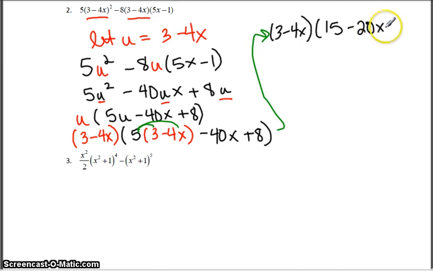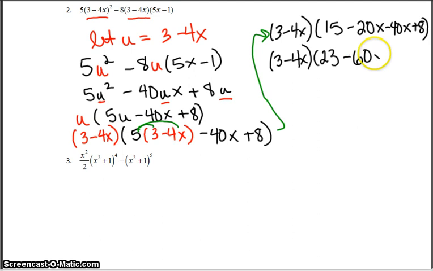We still have minus 40x plus 8. 15 plus 8 is 23. Negative 20x and negative 40x is negative 60x. And there are no common factors, so we are done.